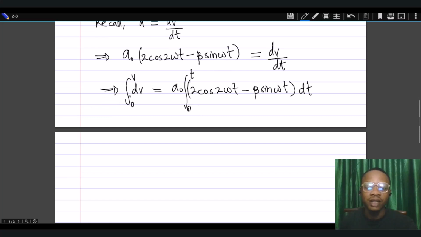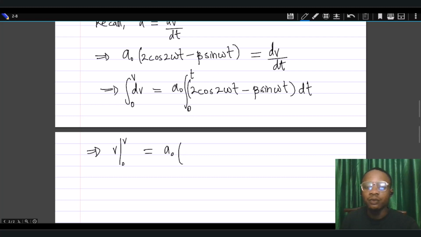So let's just go ahead and deal with this now. The integral with respect to v of 1, this is just the integral of 1 dv, so that's just v, to be evaluated from 0 to v. Of course we know that is v, but let's write it out like that. So let's integrate this first.